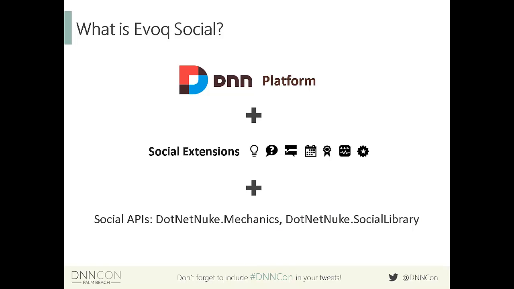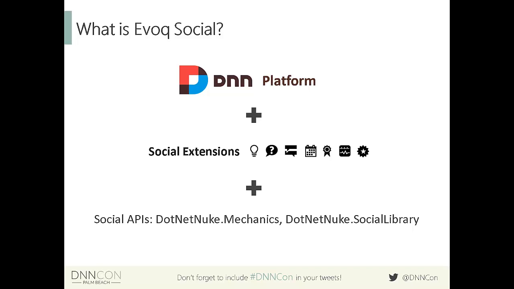The .NET Nuke mechanics has a lot of the API functionality for the gaming mechanics, and then the .NET Nuke social library. Some other commercial features are also included in Evoq Social, such as Google Analytics Pro and advanced search crawling. The most recent version of DNN Social at this time is 1.1.1, so it has its own version number, which is probably based on the DNN platform 7.1.1.